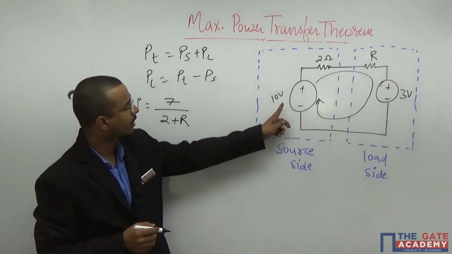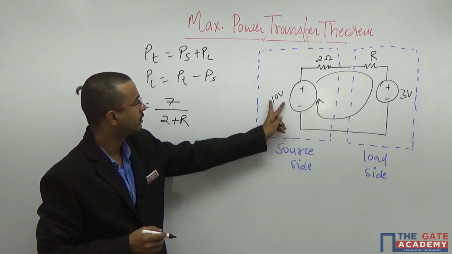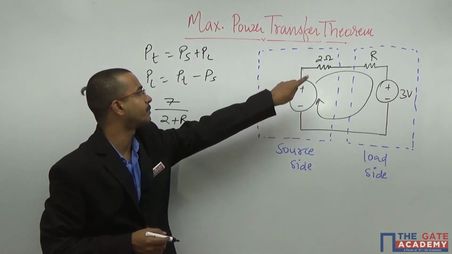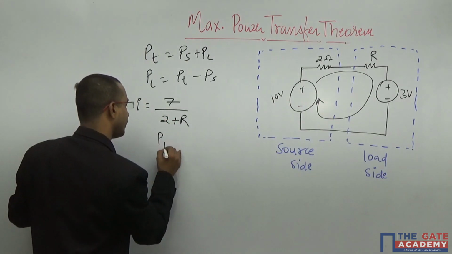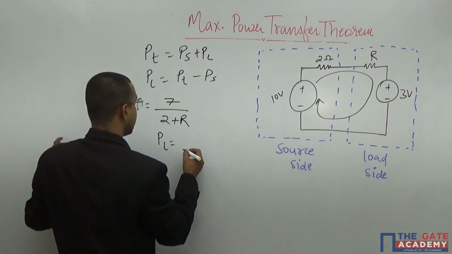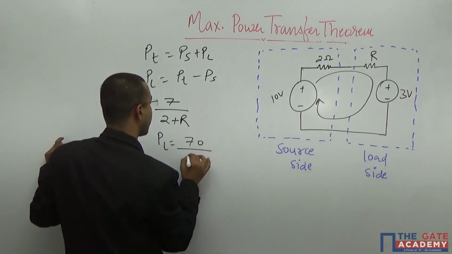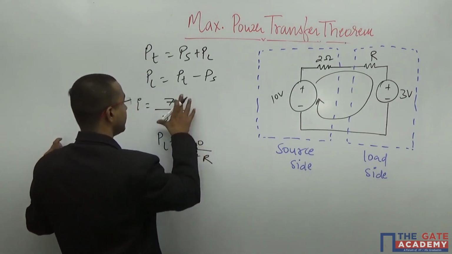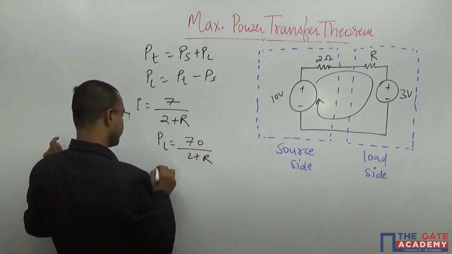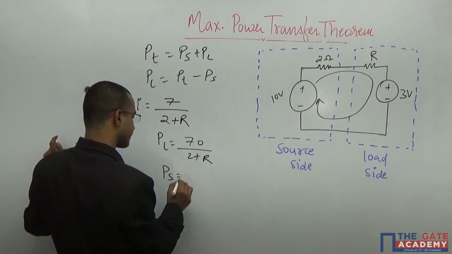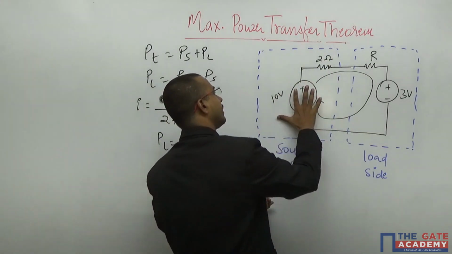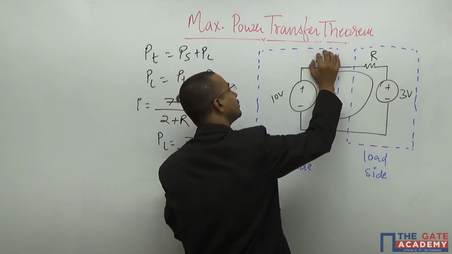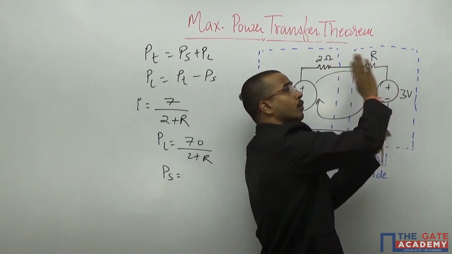Then what is the power across this? 10 volt into the current of this particular loop. V into I is my power. That means my PT will be 70 divided by 2 plus R, this multiplied by this 10. My PS power here, that means whatever you generate from here, some value you will lose here and the remaining you will get in the load.